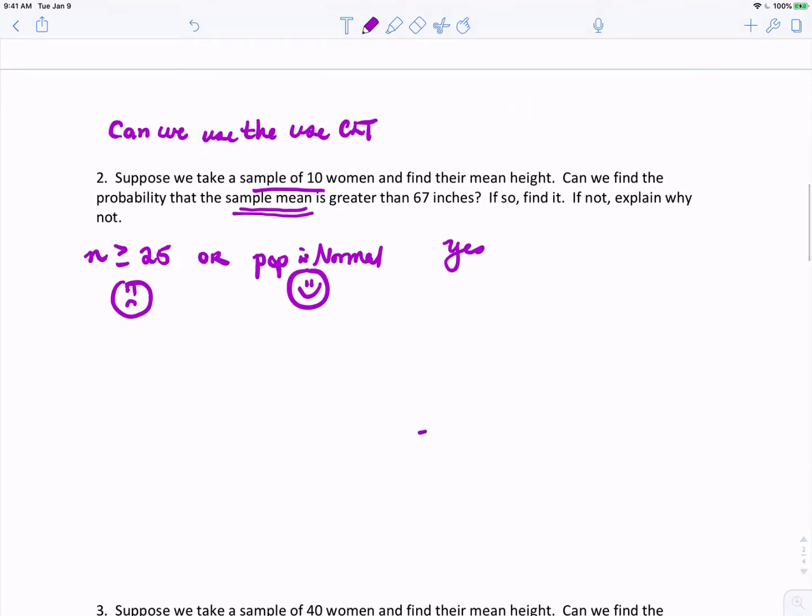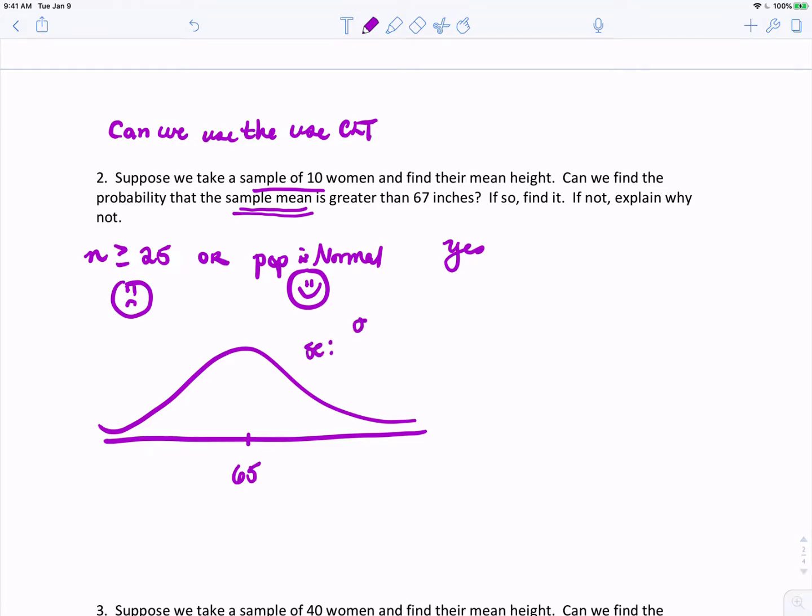So let's start by drawing a picture. What does the central limit theorem tell us? It tells us that the sample means will have a normal distribution. They'll be centered at the population mean, but the spread, which we call the standard error, is sigma over the square root of n.